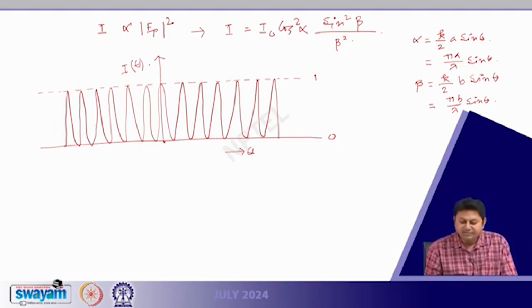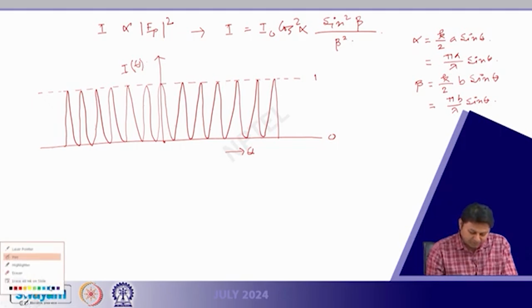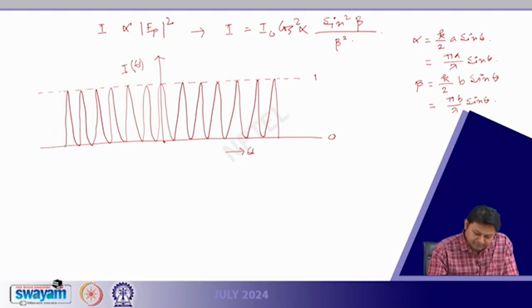Now, how will the sin square beta look like? Sin square beta, on top of that, if I plot, let us plot in a different color. So, it should be like this.